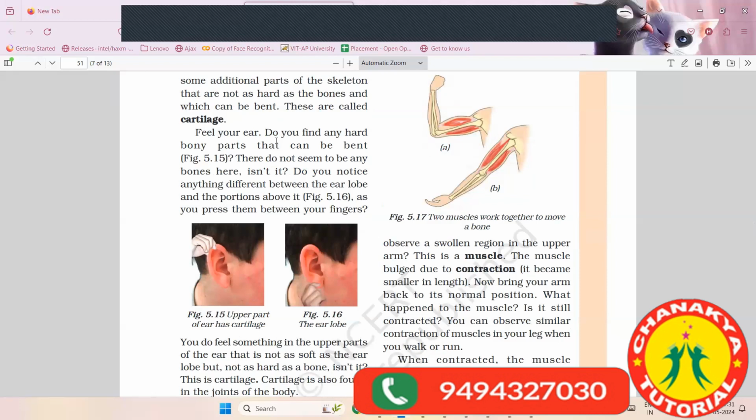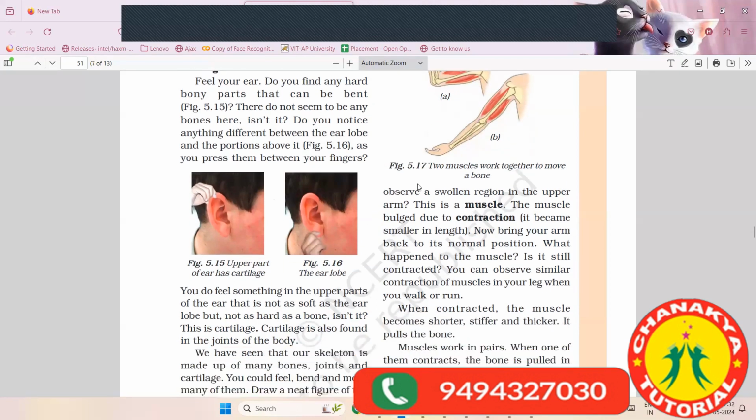So wherever you need elasticity, there you will have a cartilage joint. The ear is fully made up of cartilage, especially the upper part. The ear lobe, the lower part, and the upper part are fully flexible, so there you will have cartilage.